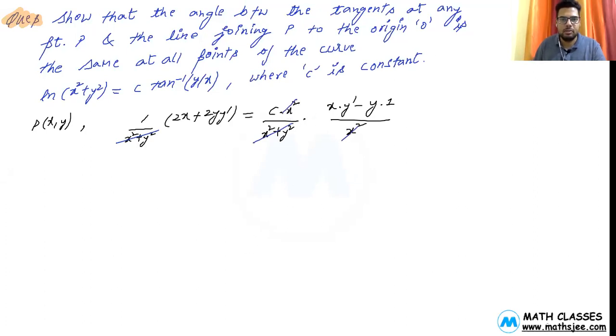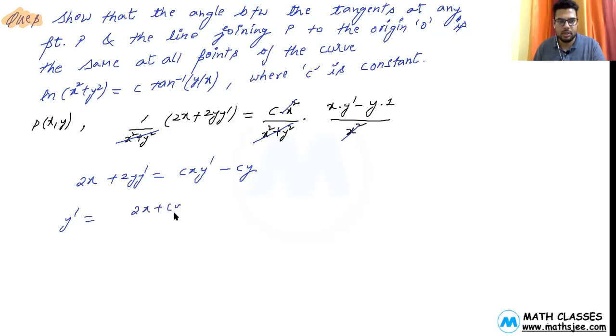So from this we will find out the value of y dash. So clearly this is 2x plus 2y y dash equals cx y dash minus cy. So from here, y dash is equal to, you can take this on this side, 2x plus cy, and you will take this on this side, cx minus 2y. So this is the derivative at any point x comma y.